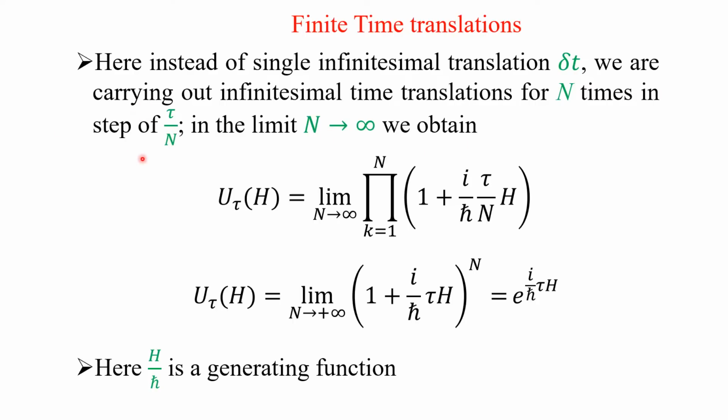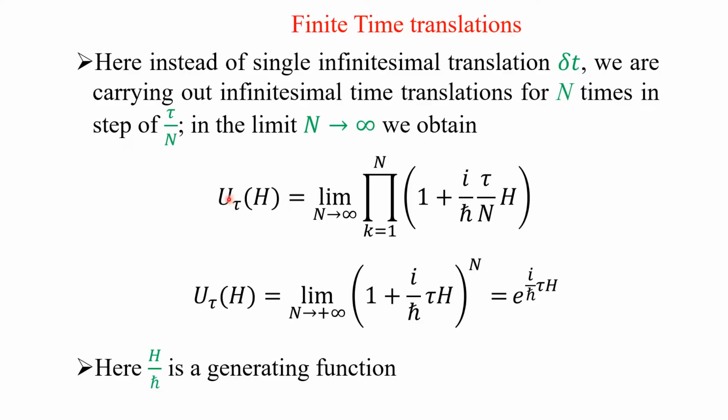That is, the step size is tau over n and the total time is tau. We are repeatedly doing the infinitesimal translation n times, so we will see what will happen.